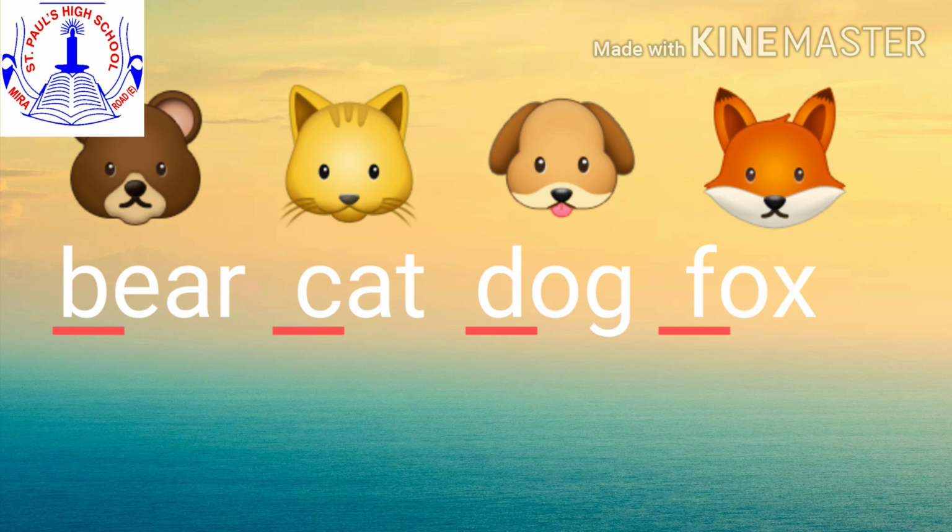The correct answer of alphabetical order is bear, cat, dog, fox. Now all the animals are arranged in correct alphabetical order. B comes before C, C comes before D, D comes before F. So bear comes before cat, cat comes before dog, and dog comes before fox.